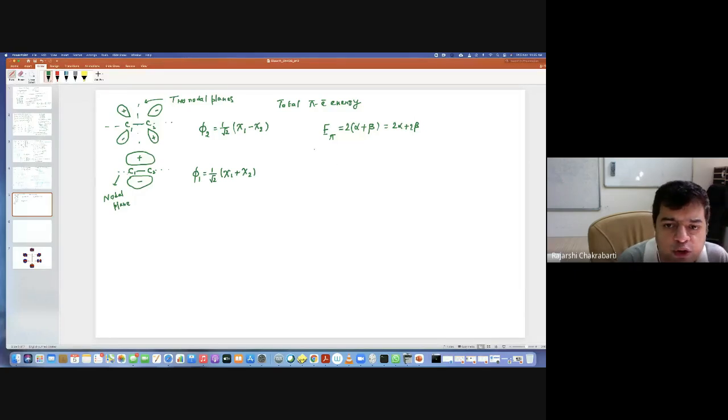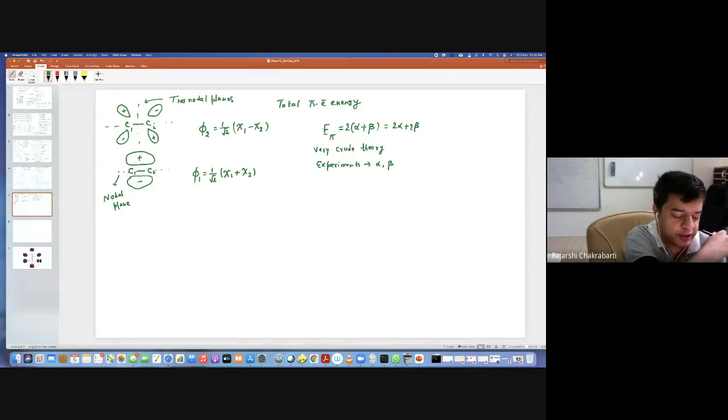Now, this is a very crude theory. And alpha and beta are not usually calculated from rigorous quantum chemistry. What is being done is that people do experiments, and from experiments, alpha and beta are obtained. Then these values are put in this expression to calculate the pi electron energy.